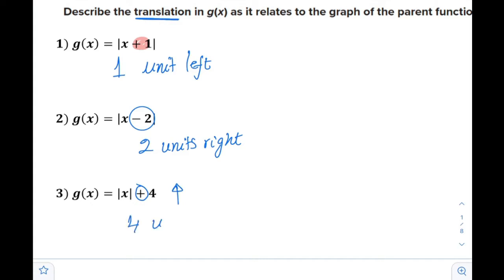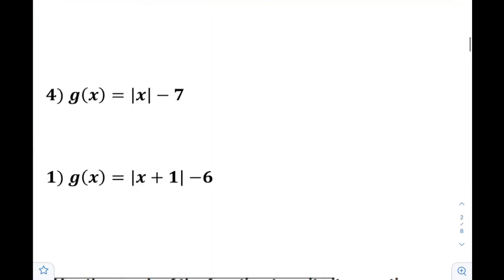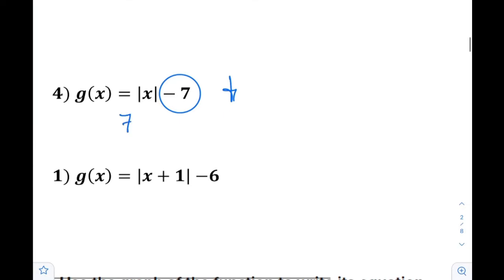It will move 4 units up. While here it is minus 7, so it will move down since it's not in the group, outside the group, so it will move 7 units down.